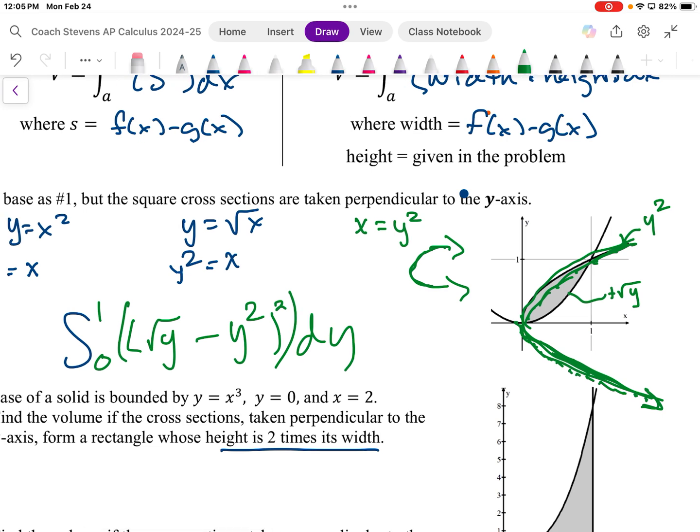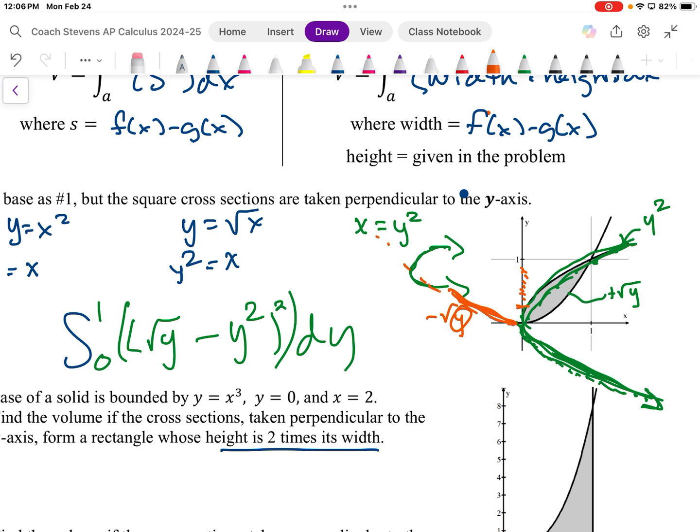And then technically on this side over here, that's the negative square root of y. It's negative times the square root of y, because we're putting y values in there, and these y values give me negative x answers on that side.